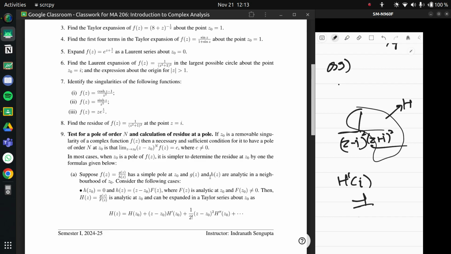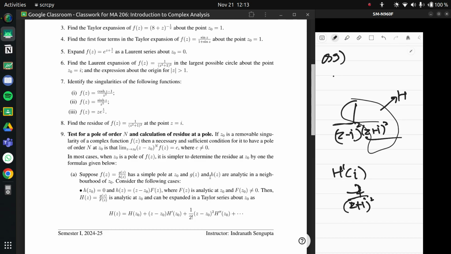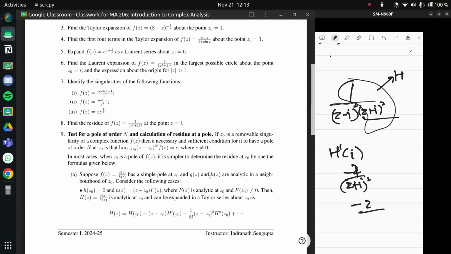So it's going to be negative 2 upon z plus iota squared, and then this thing's derivative is just 1. Okay, and then you want this at iota, so just negative 2 upon 2 iota squared. It's going to be like negative 4 iota. Yeah, just negative 4, so it's going to be just 1 by 2. Did I do this correctly or what? Sure, that's a negative. I mean, it should be. It definitely should be.